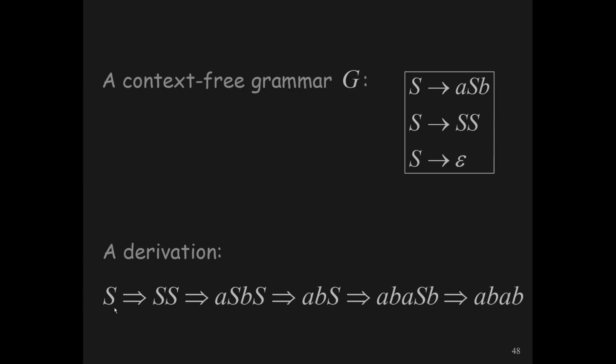If you go with SS and you produce ASB on the left with this one, and this becomes empty, and then this one also produces ASB and then this one produces empty, you get AB and AB, which is the same as left parenthesis, right parenthesis, left parenthesis, and right parenthesis. Okay.